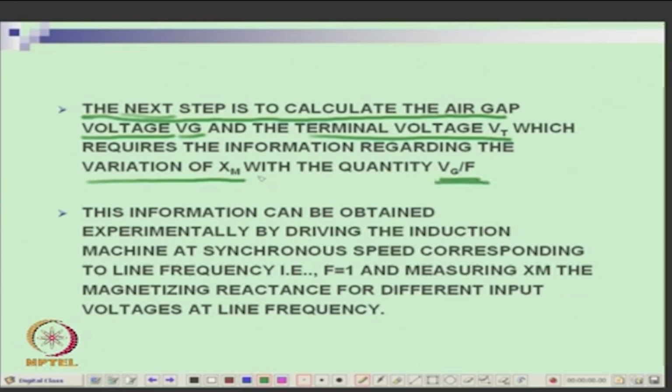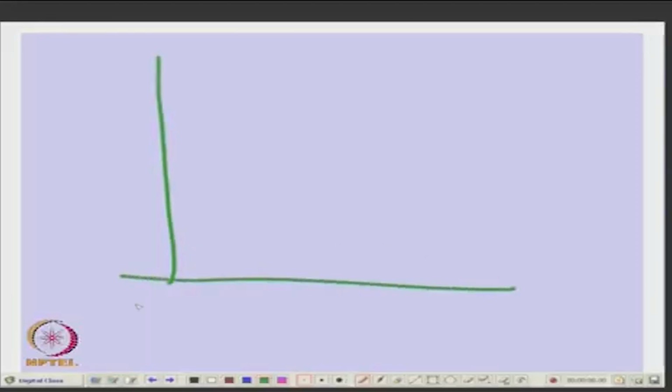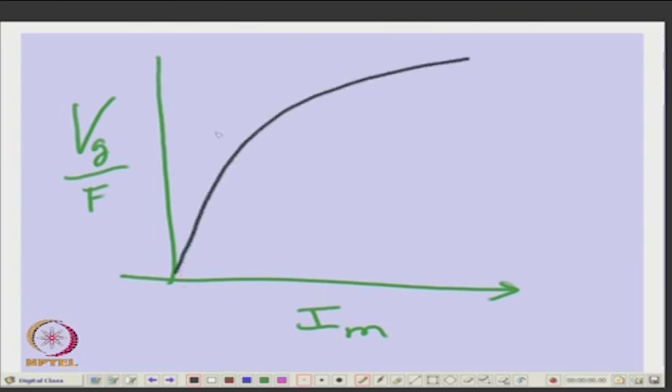There is a relation between the magnetizing reactance and the flux, or the air gap voltage, this relation is there. There is this Vg by f, which is a measure of the air gap flux, and the magnetizing current, and typically it goes like this.